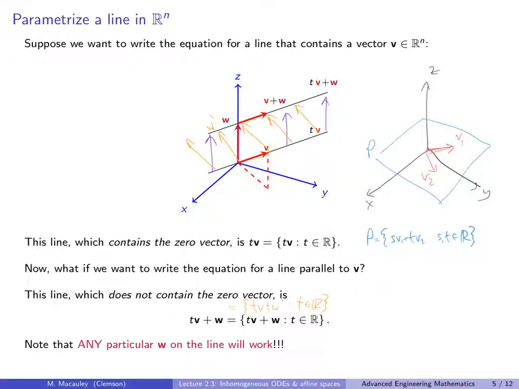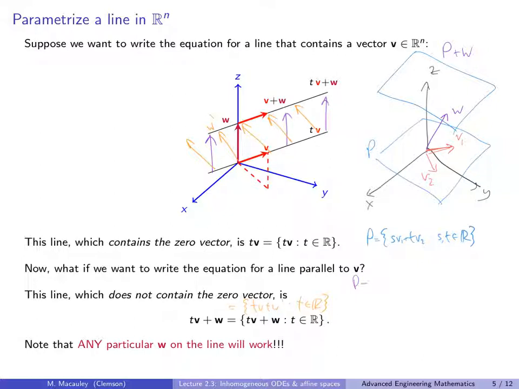So now what if we want to write the equation for a plane that is parallel to this. So suppose it's up here. Well, what we do is we take any vector on that plane. Let me call that w, and then that new plane is P plus w.